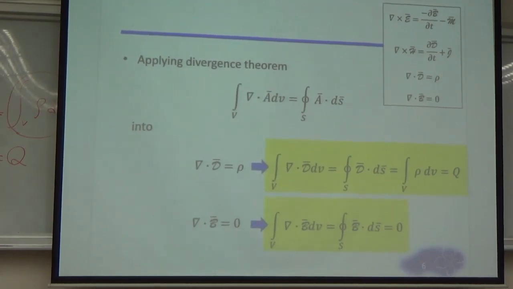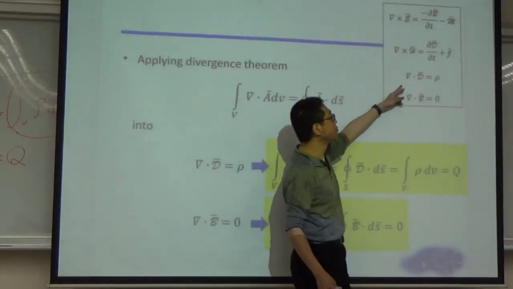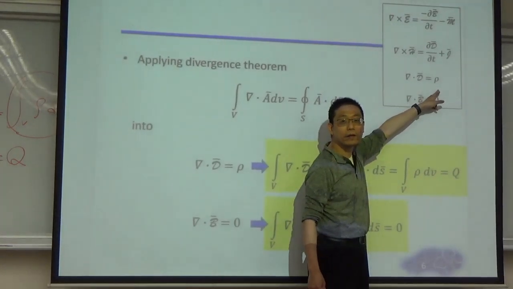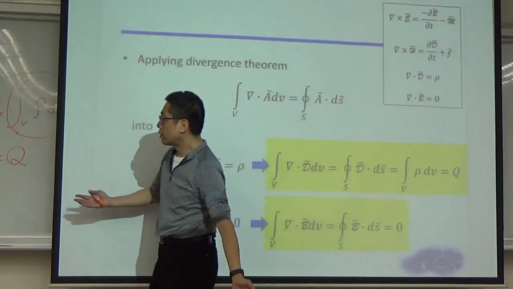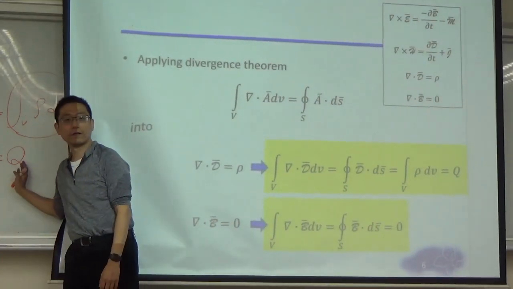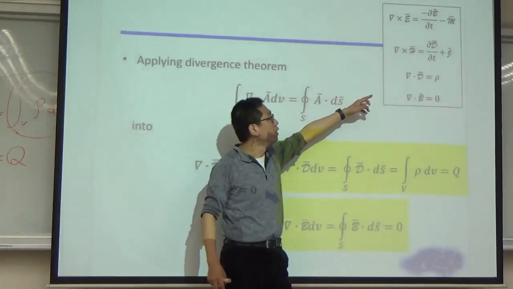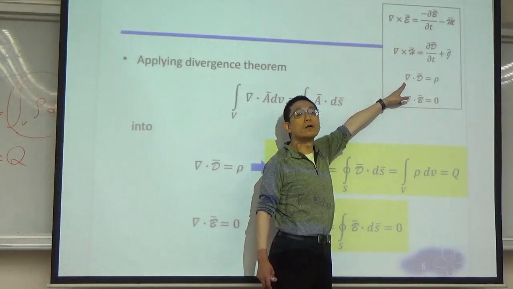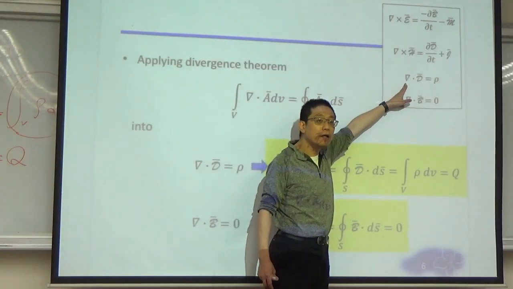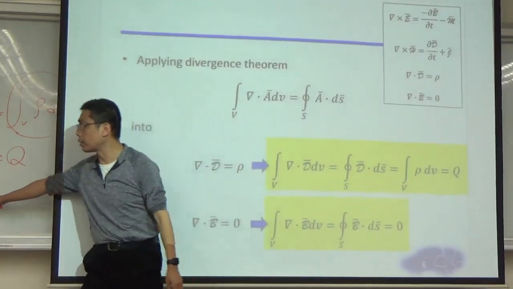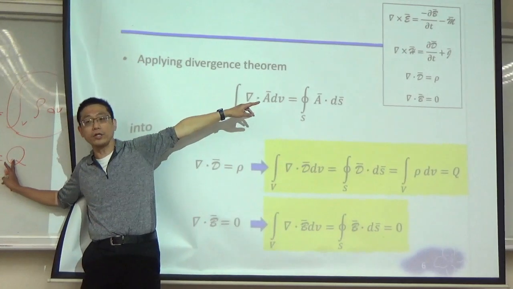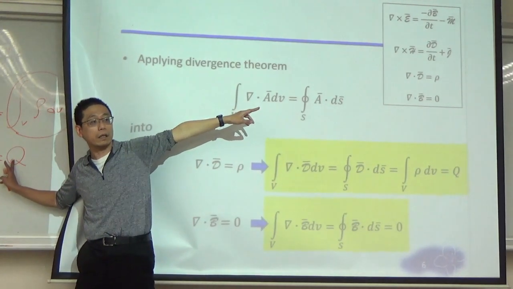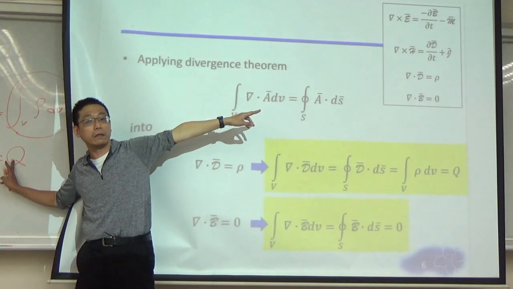So the third equation, where you take the divergence of D equals something, can be explained in a different form. This is a differential form, 微分形态. This is the integration form, 积分形态. These two equations are totally the same. It depends on how you read it.